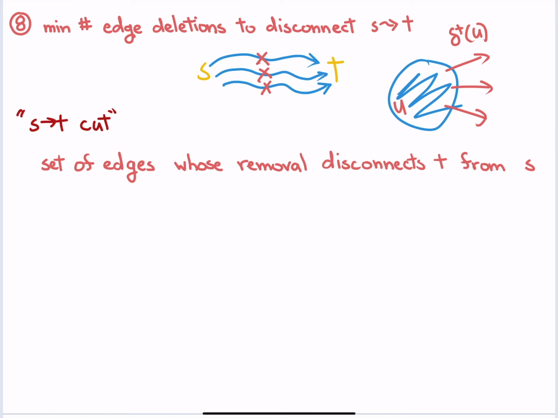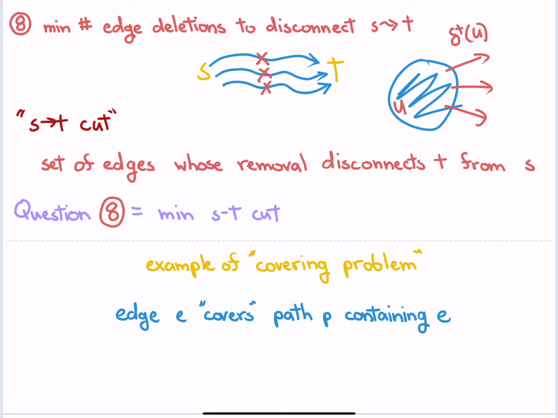All right, so in this terminology, the more conventional way to ask this question is to ask for the minimum cardinality ST cut. This is the min ST cut problem. And I can think of this as a covering problem. Last one was a packing problem; this is a covering problem. In a covering problem, you typically want to take as little of something as possible, but there are certain minimum requirements. You have to cover this requirement, you have to cover that requirement, so you can't just take 0 like you'd want to.